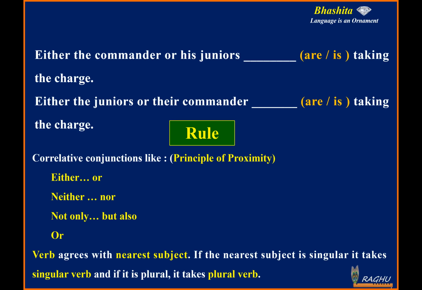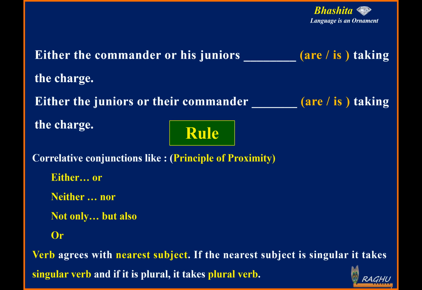It means if the nearest subject in a sentence is singular, it takes singular verb. If the nearest subject in a sentence is plural, it will take plural verb. So hope you understand this rule, my dear students. So what is this rule? The rule is principle of proximity.